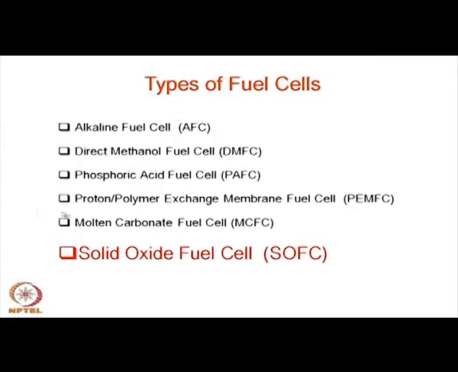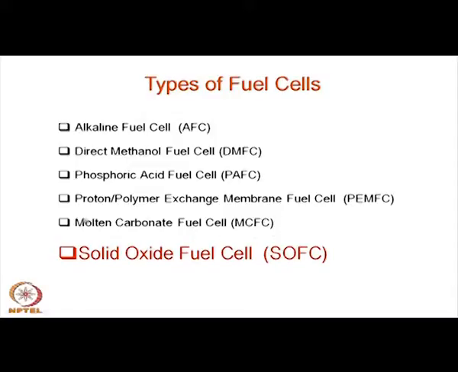Then there is another type of fuel cell where the electrolyte is once again liquid, but at a fairly high temperature, about 600 to 800 degrees centigrade. So, this is liquid carbonates, and the carbonate ion is the charge carrying species.